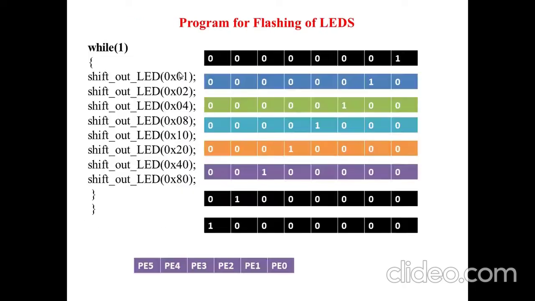For that, this is the port E pin diagram. Port E has pins PE0, PE1, PE2, PE3, PE4, and PE5. Here PE2 I set to 1, which means 0x04. Similarly, PE3 equal to 1 is 0x08. So considering the 4 bits, this bit is 1, value 4, and this bit is 1, value 8.